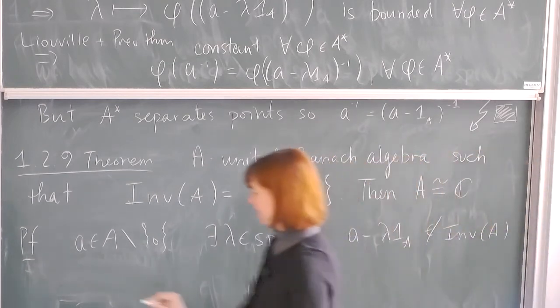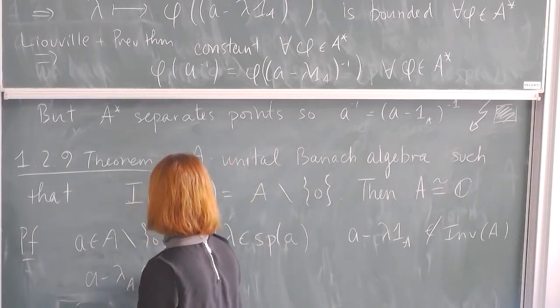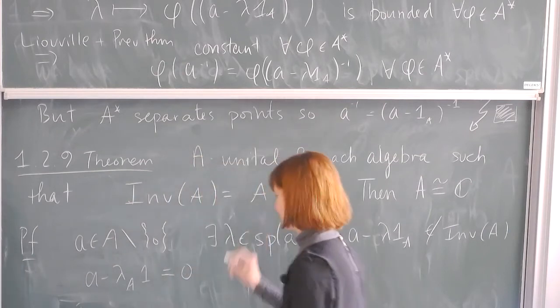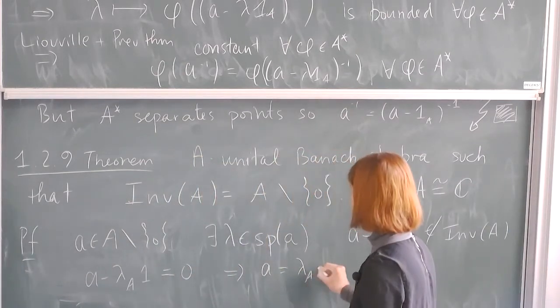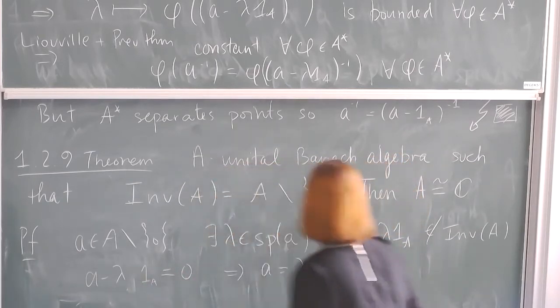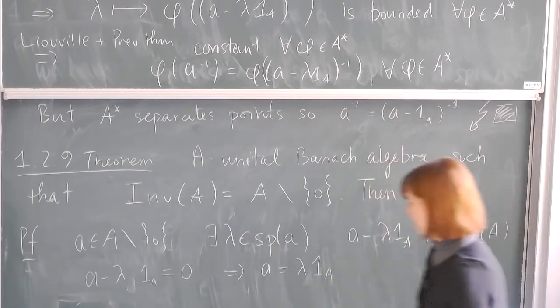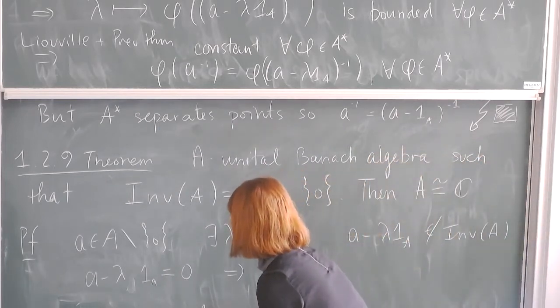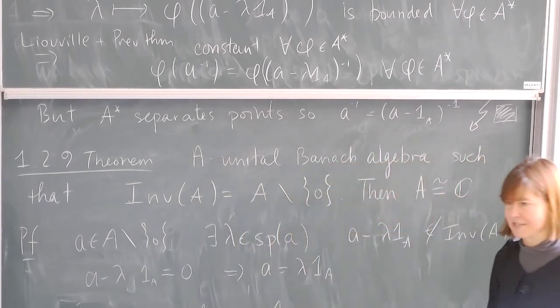So we must have that A minus lambda 1A is equal to 0. So A is equal to lambda 1A. And the map that takes 1A to 1 gives us our isomorphism.